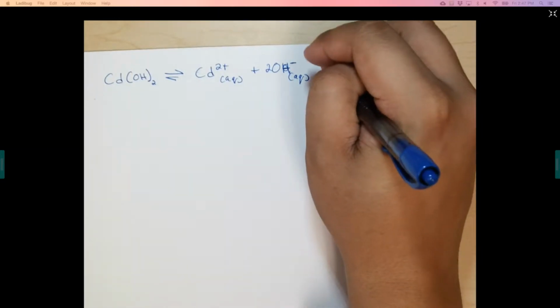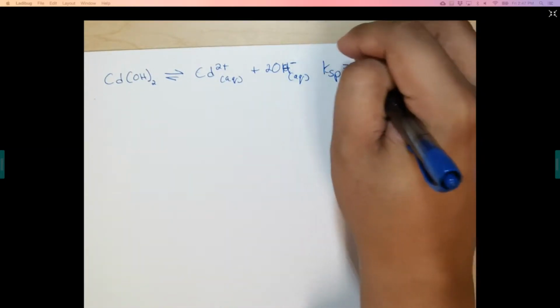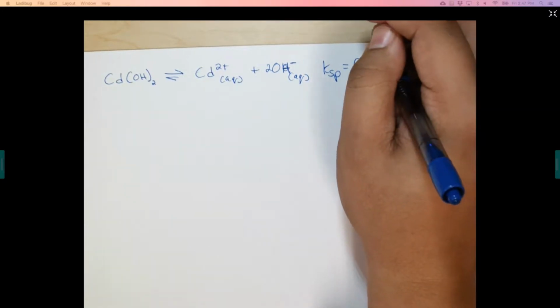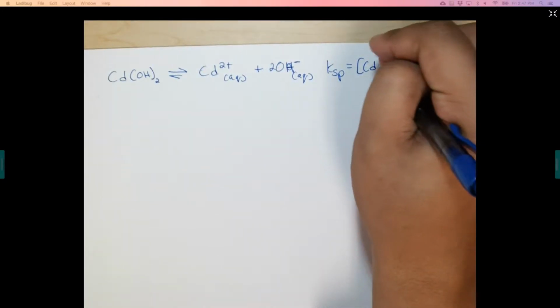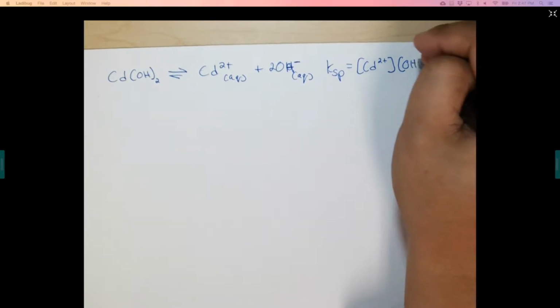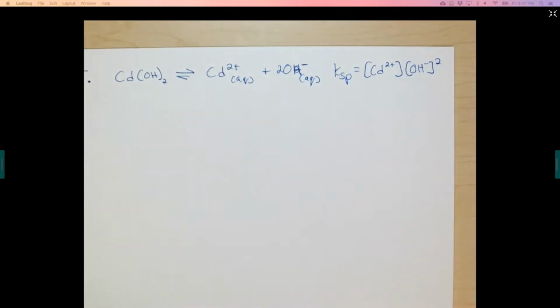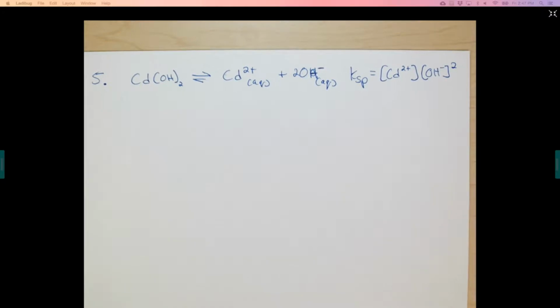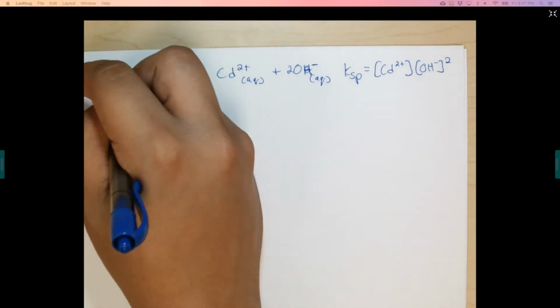We know that Ksp is equal to the concentration of Cd2+ times the concentration of OH- squared.